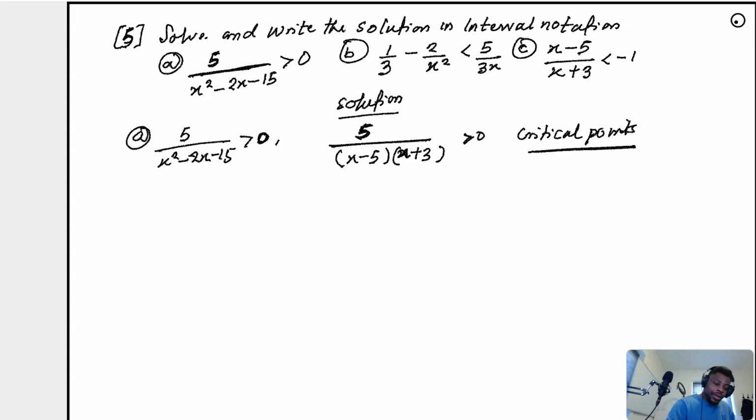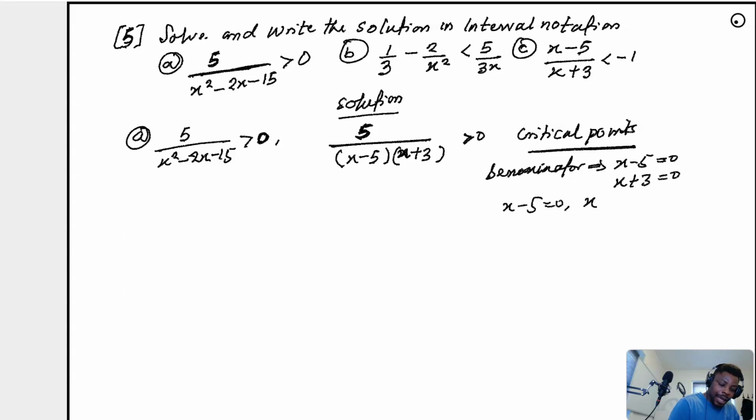But for the denominator, we have x minus 5 is equal to 0 and x plus 3 is equal to 0. So x minus 5 is equal to 0, that means x is equal to 5. x plus 3 is equal to 0, that means x is equal to minus 3.